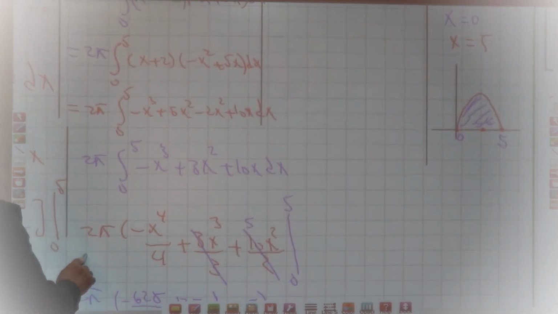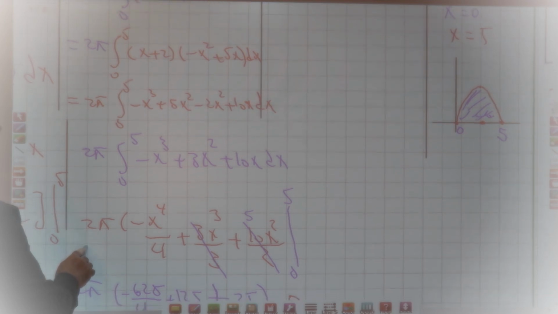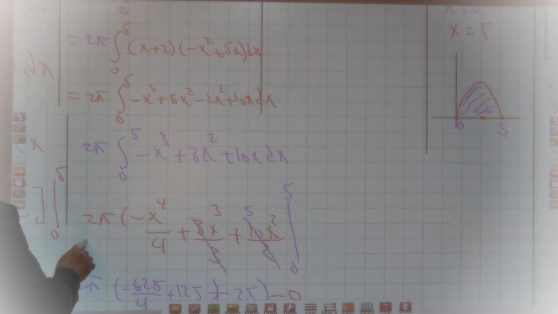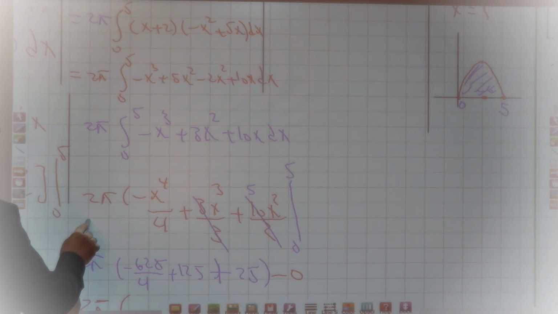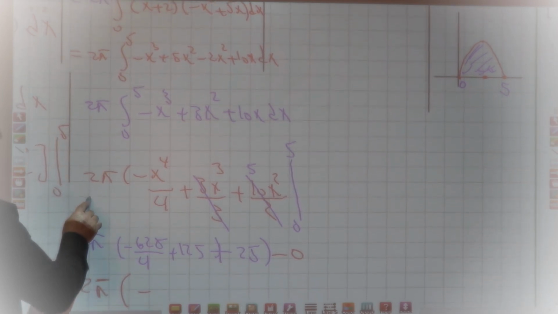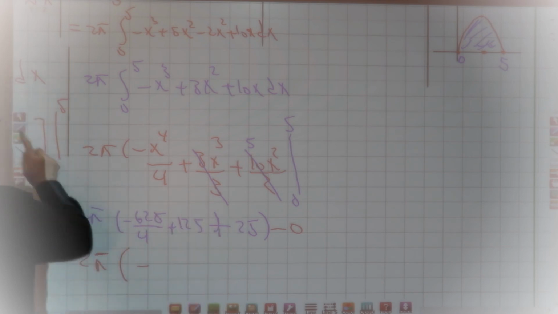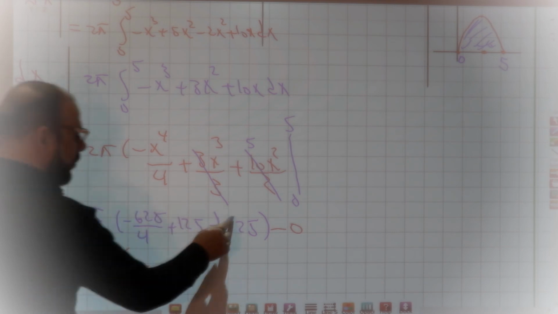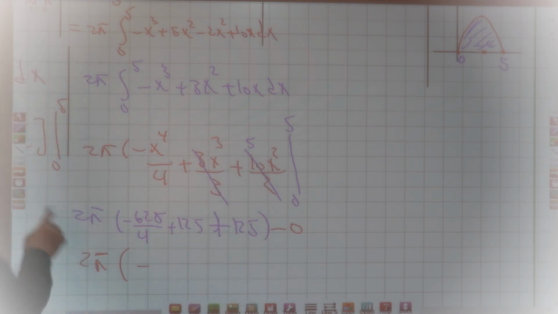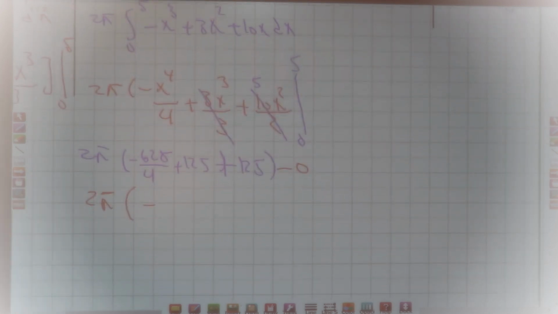Okay, look at my multiplication: negative x cubed plus 5x squared, minus 2x squared plus 10x, negative x cubed plus 3x squared, negative x to the 4 over 4, 5x squared, 5, this 125 again, this 125, this 125. Thank you, Robert.